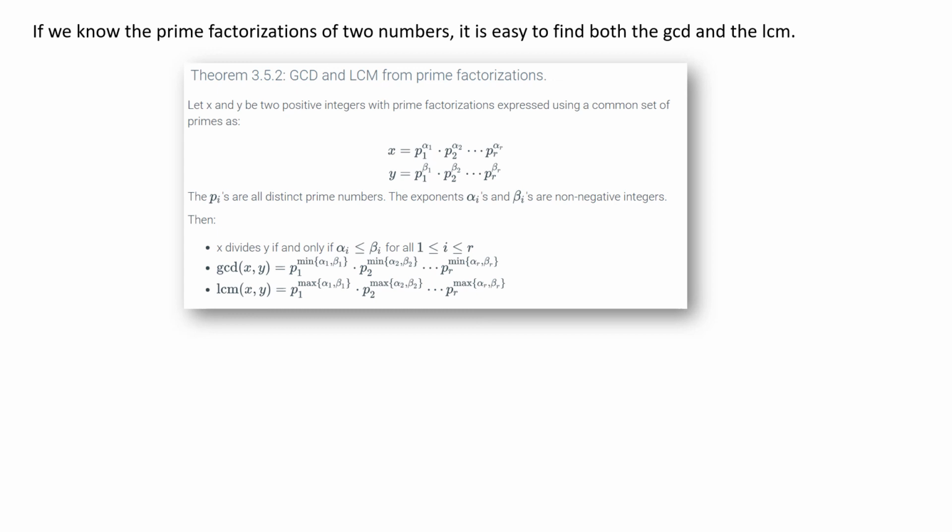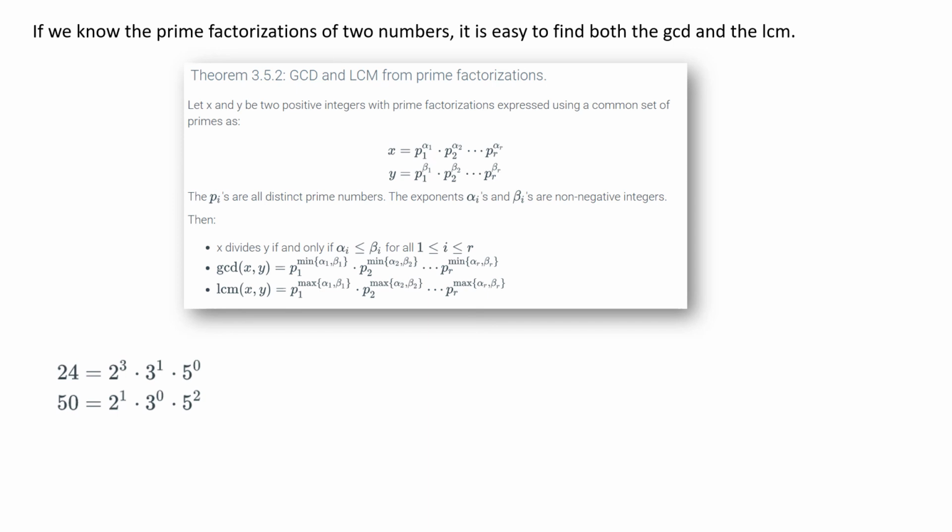So for p1, I see there's an alpha sub 1 and a beta sub 1, and I take the smallest. I take the minimums of those exponents for each of the p's and multiply them together. That gives me the GCD. If I do the same thing but take the maxes, I'm finding the least common multiple. So let's look at an example to see if we can make sense of this.